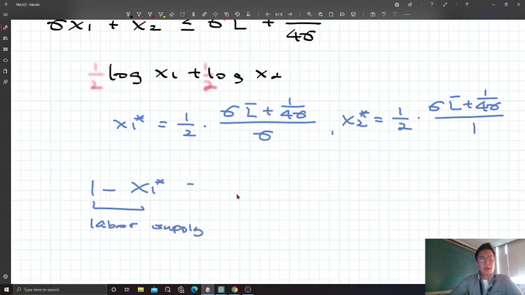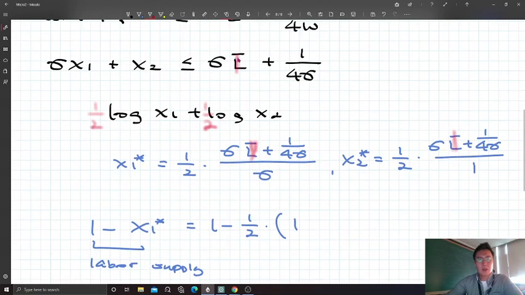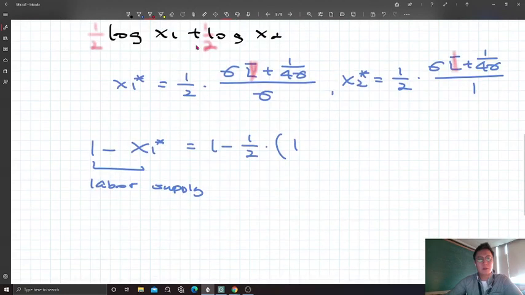So that is 1 minus 1/2 times, I can rewrite this expression with L bar, so L bar is 1. Sorry, L bar was 1. So this is 1, and this is 1, in this problem.